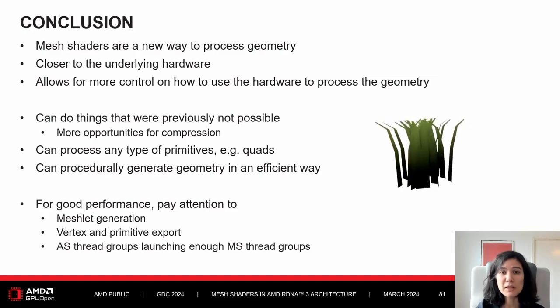And we can use mesh shaders to procedurally generate geometry in an efficient way. If you decide to use mesh shaders, you should pay attention to how you generate your meshlets and how you export your vertices and primitives. If you decide to use amplification shaders, make sure that your single amplification shader thread group is launching enough mesh shader thread groups. And this is the end of the presentation.